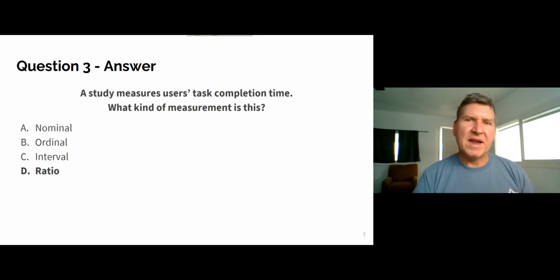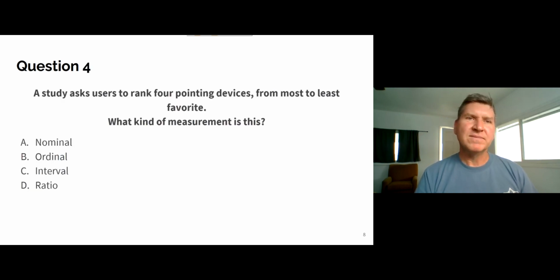It's not possible to have a negative task completion time. So we could say something like user A took 80 seconds and user B took 160 seconds to do the same task. So it does make sense that user B took twice as long as user A to complete the task.